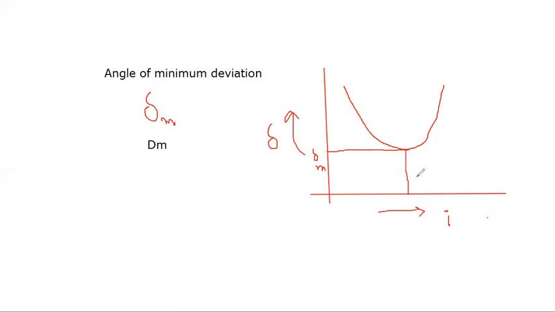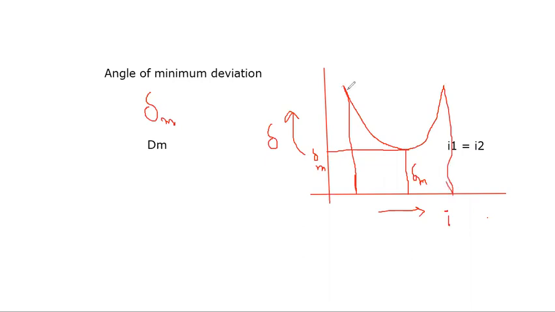And this dm is minimum when I1 is equal to I2. When the condition is that the angle of incidence I1 is equal to the angle of emergence, we can say that dm is minimum. How can you say that? See here, at this point and at this point, what are the coordinates?